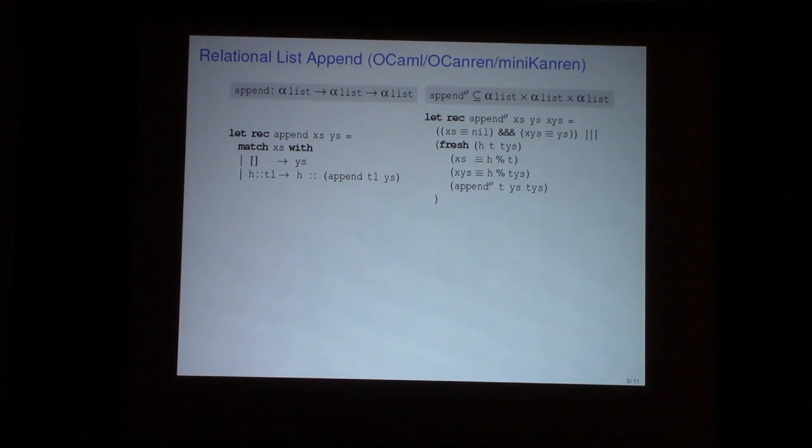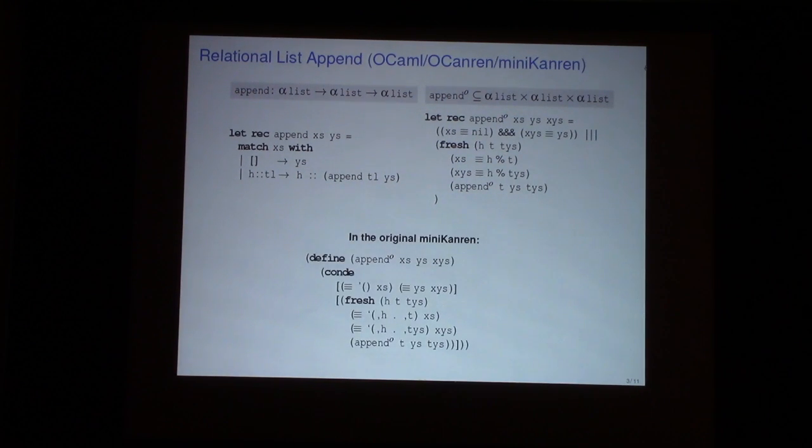And these little formulas are implicitly connected with conjunction during the macro expansion. And this code is not longer than the original miniKanren implementation. There are a few differences, but they are syntactic ones.